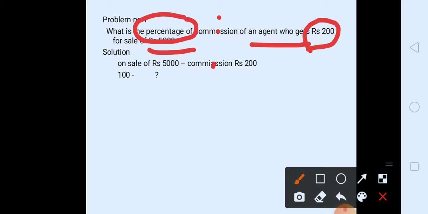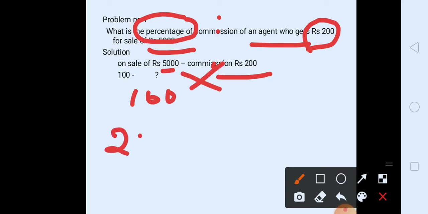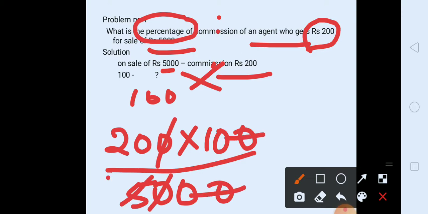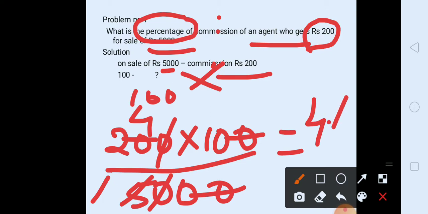On a sale of 5,000 he gets a commission of 200. So on the sale of 100, how much will his commission be? 200 into 100 divided by 5,000, so 4%. You got the commission as 4%, students. I hope you all understood.